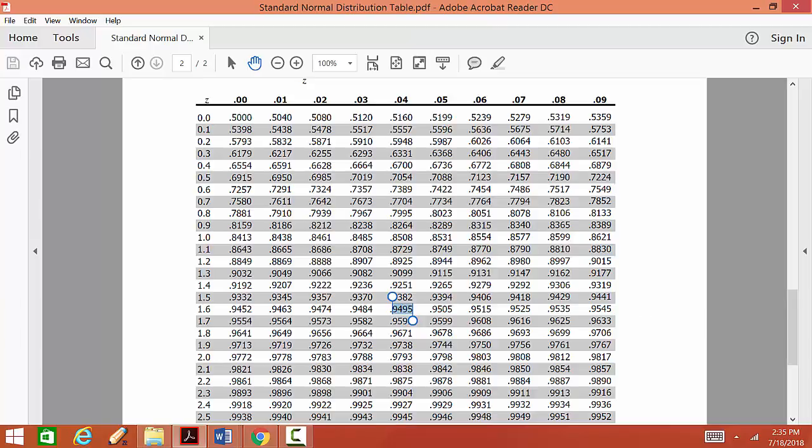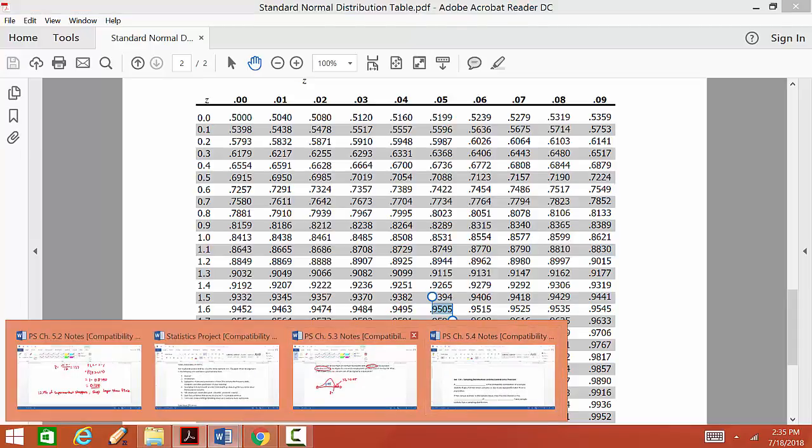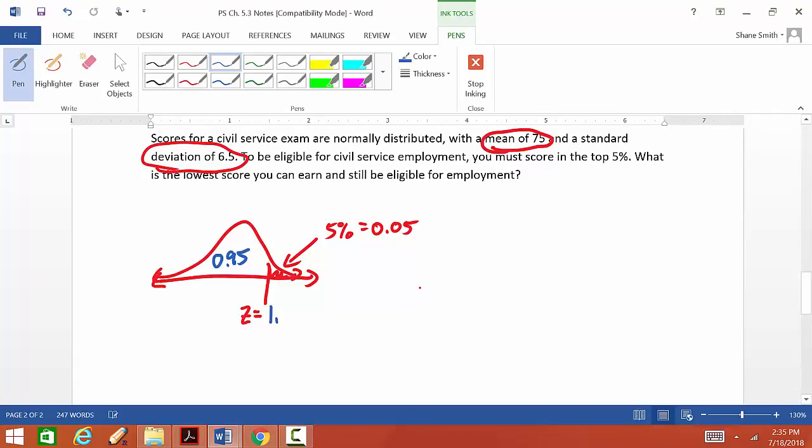The z-score for 0.9505 is 1.65, so we have to find what's exactly in between the two, and that z-score is 1.645, because 1.64 was 0.9495 and 1.65 was 0.9505. So x equals mu plus z sigma, and we just use the formula.